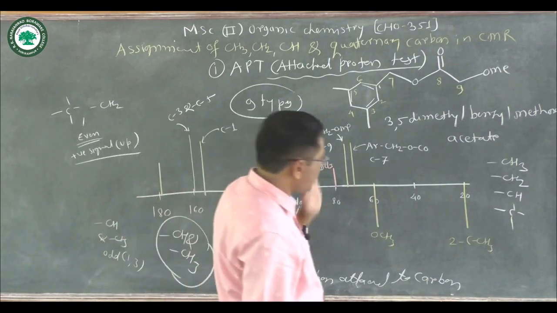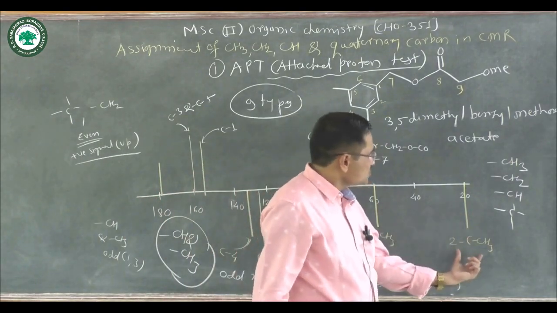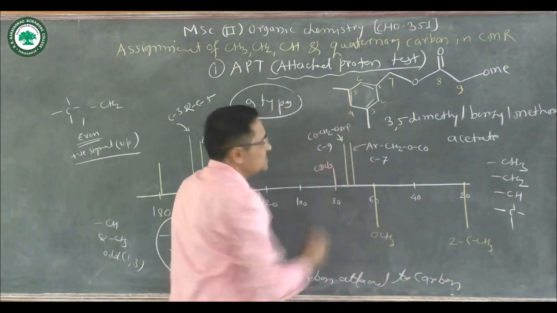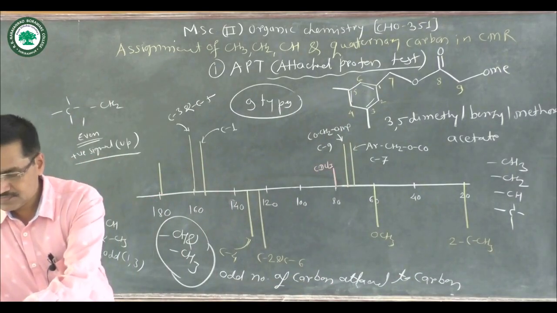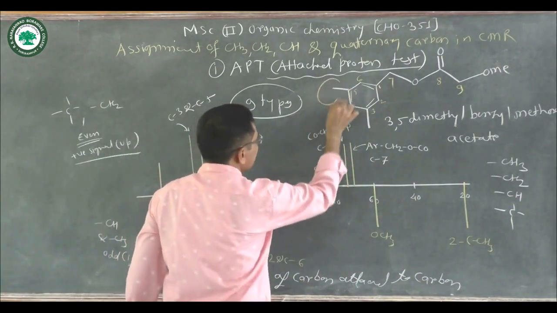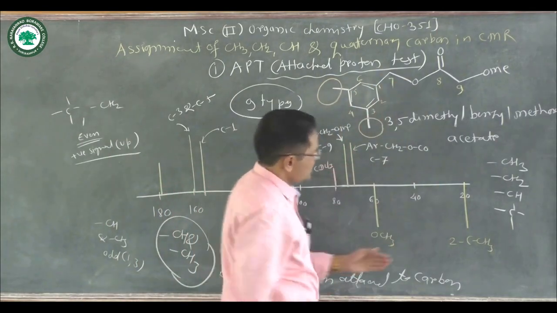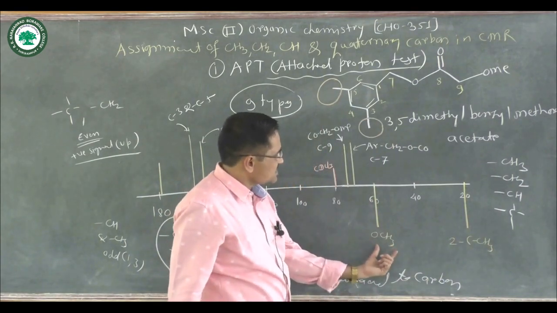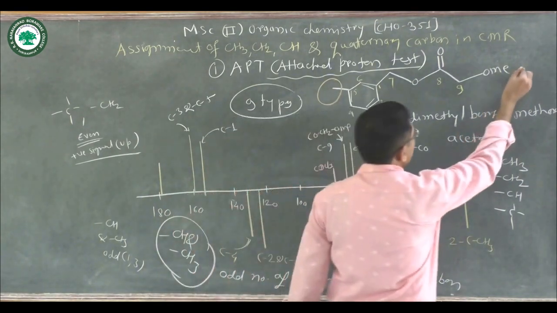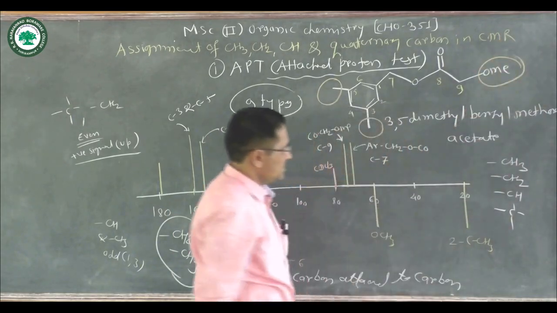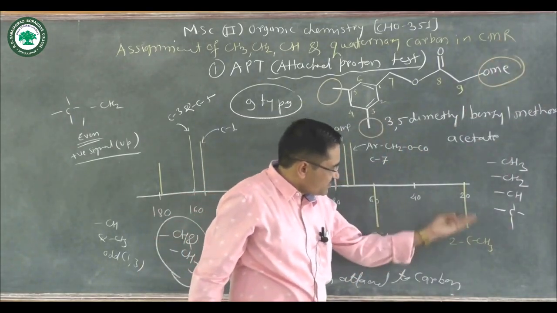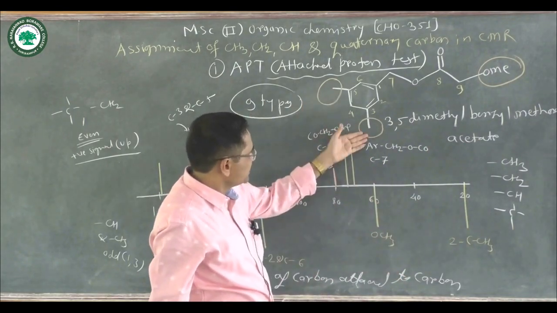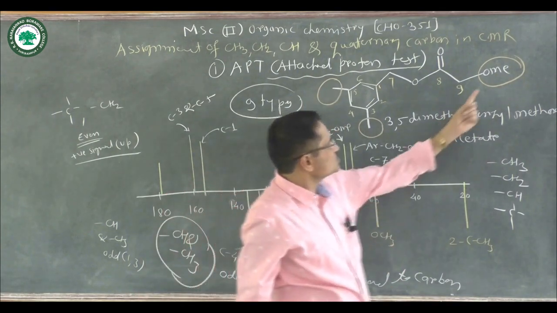Now we will see one by one. This signal is for the 2 CH3 groups, for this CH3 and for this CH3. Then the CH3 attached to oxygen, this one. So this signal is for the CH3 groups attached to the benzene ring, and this CH3 group is attached to oxygen.